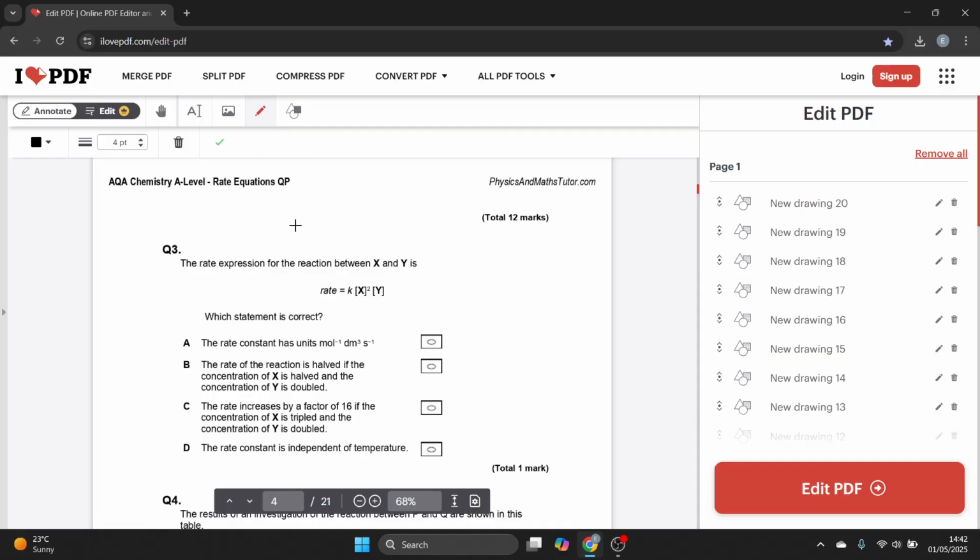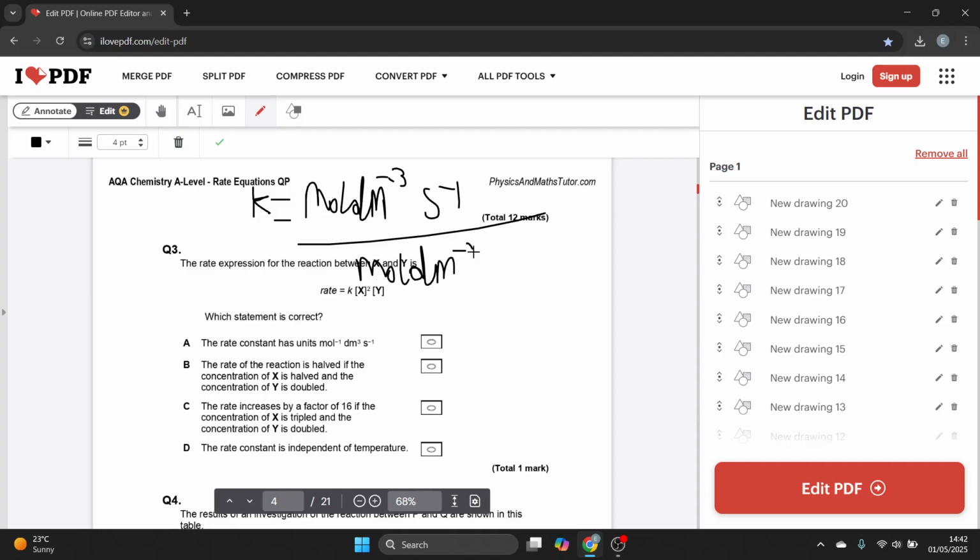The rate constant k equals rate, which is mol per dm cubed per s, over mol per dm cubed, and that will cancel out, and then you get k. You get the point: s to the power minus 1 over mol to the power 2 dm to the power minus 6, and then you wouldn't get that.